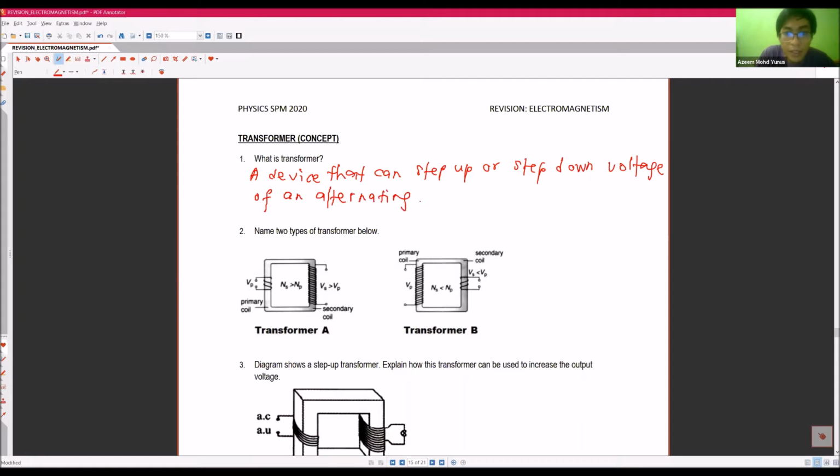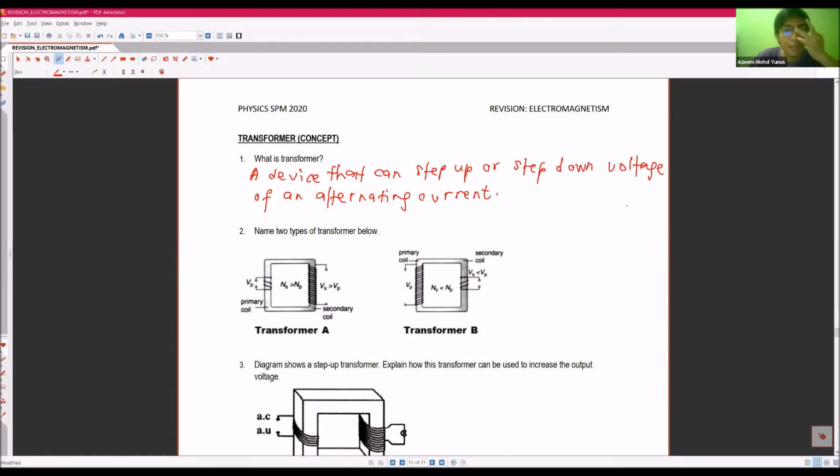This is very important because transformer only works when there is alternating current. If you use direct current, then nothing changes, and no current flows at the secondary coil. So again, it can step up or step down potential difference or voltage of an alternating current.